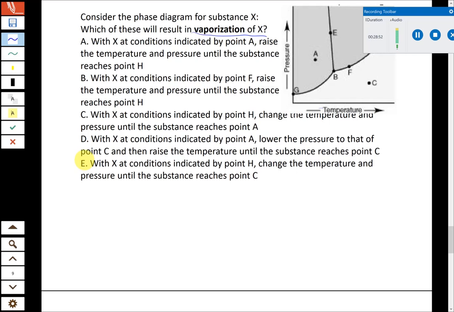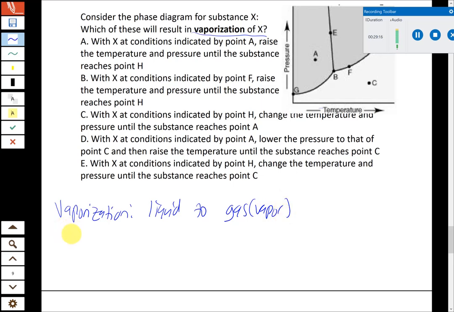we skipped one unit in the course where we would have covered this a little bit more in detail, so we do need to be a little bit aware of the terminology. So if we're talking about vaporization, that's the phase change of going from liquid to gas, or liquid to vapor, as it's sometimes called in a phase diagram. Gas and vapor are basically the same thing, so you don't need to really worry about distinguishing those.